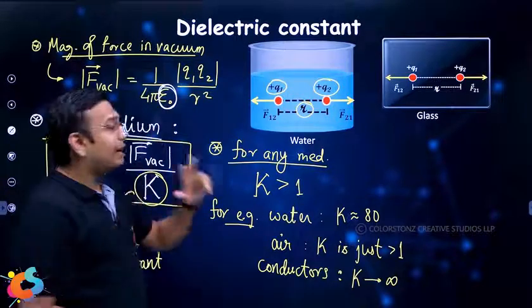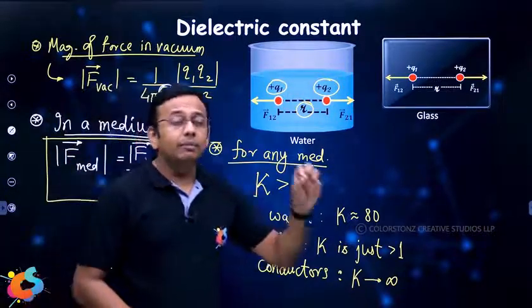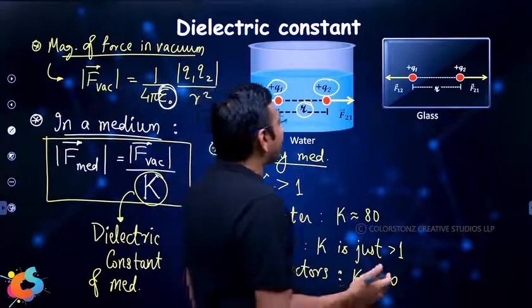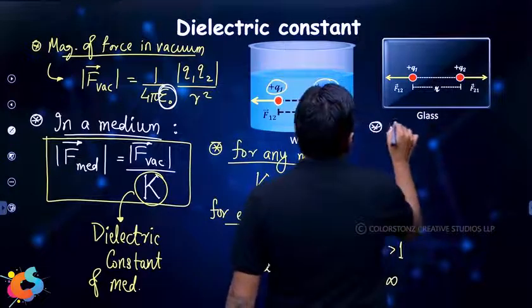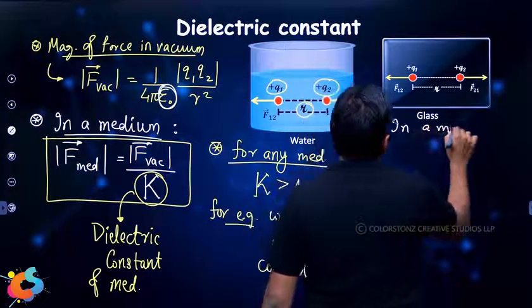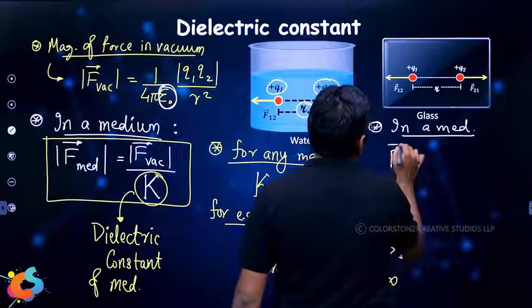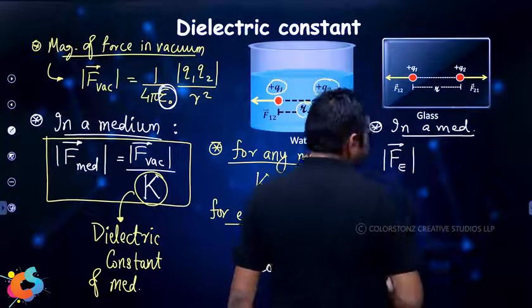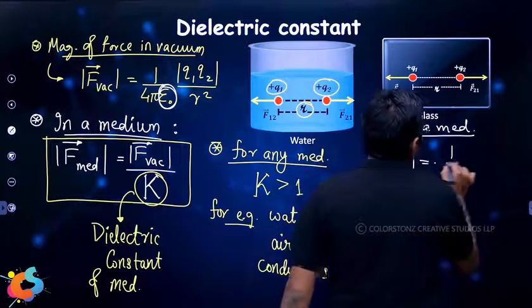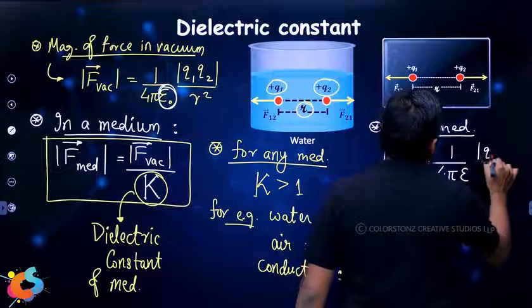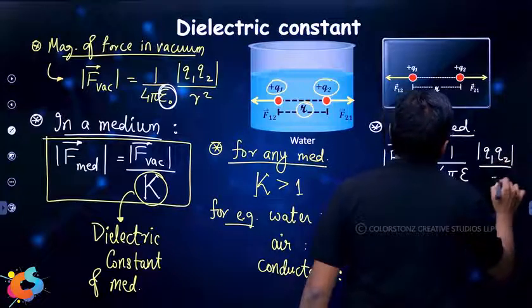We had said that epsilon naught is the electric permittivity of free space or vacuum. So instead we say that in a medium, the electrostatic force between two particles becomes 1 upon 4 pi epsilon, Q1 Q2 by R square.